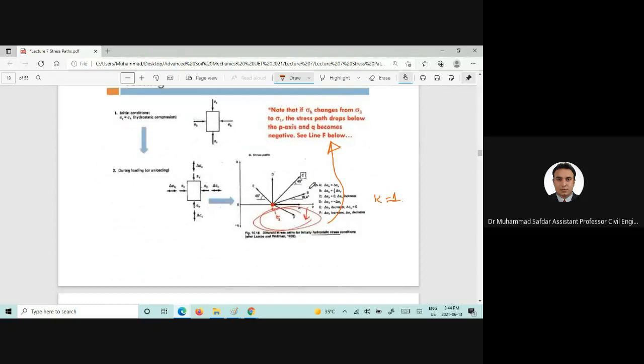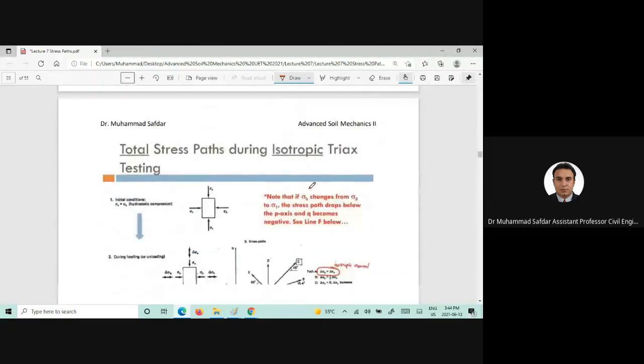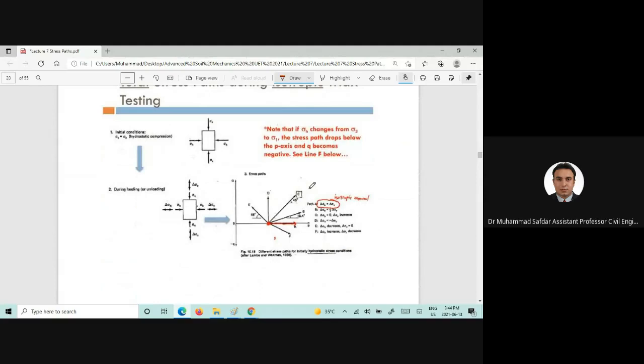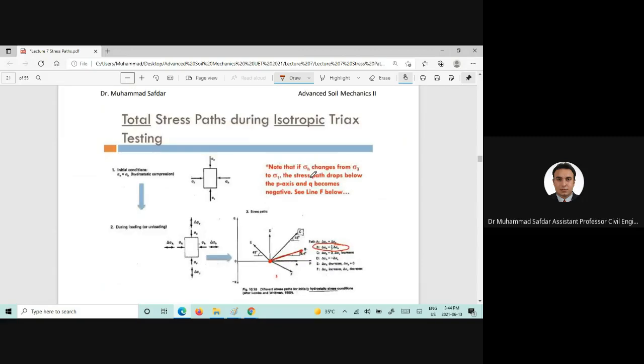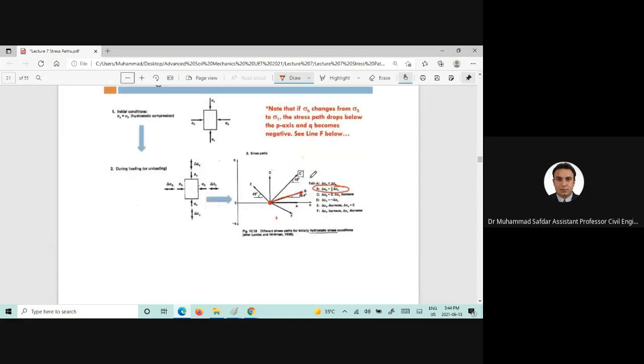These are the different stress paths which can be attained in the lab. For example, this is the stress path which shows the isotropic consolidation stage. There is another condition in which delta sigma H is equal to half of delta sigma V. It will follow this stress path, and this is the consolidated drained condition stress path.